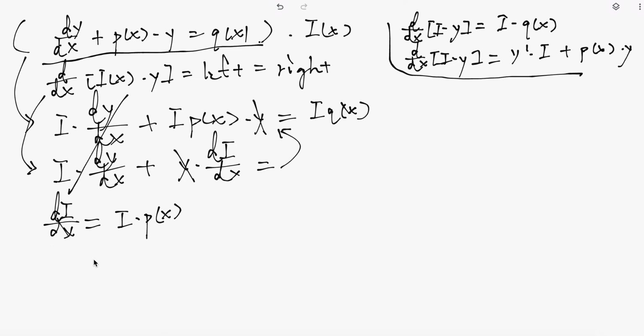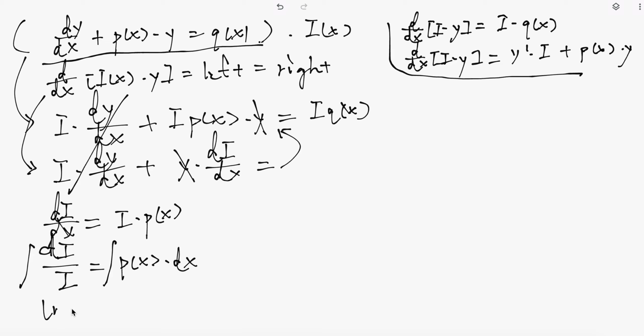This is a really easy separable form of a differential equation that we can just switch between dx and I. P(x) times dx. And now we add an integral sign to both sides of the equation.